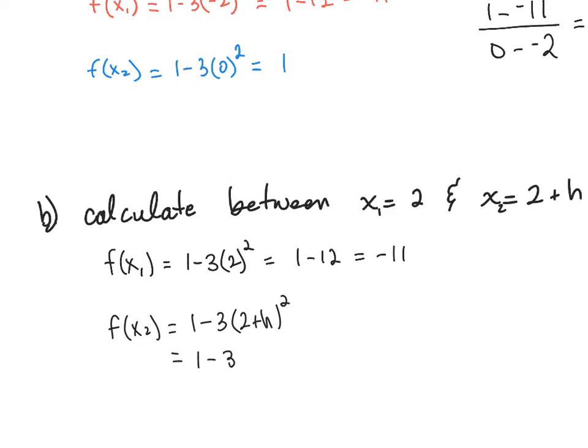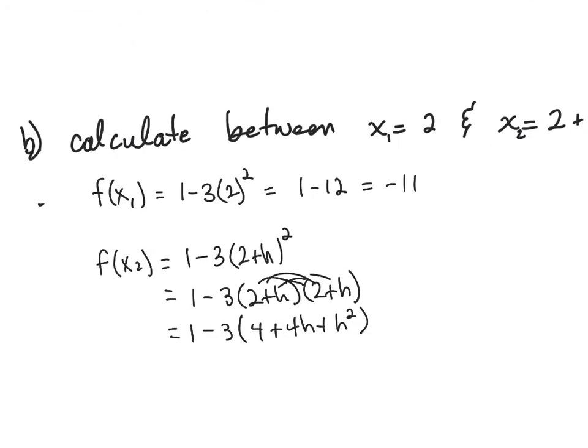So 1 minus 3 times 2 plus h times 2 plus h, if we do the distributive property here and distribute all of that, we're going to have 4 plus 4h plus h squared, and that would be 1 minus 12 minus 12h minus 3h squared.